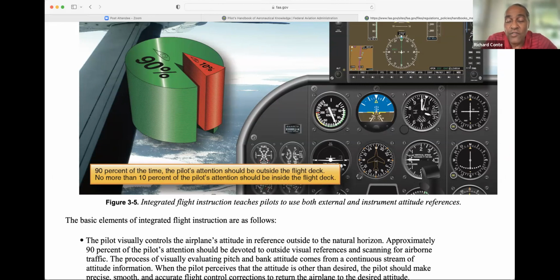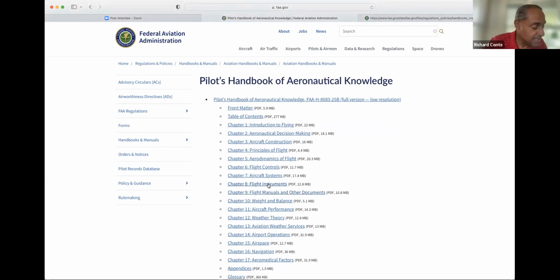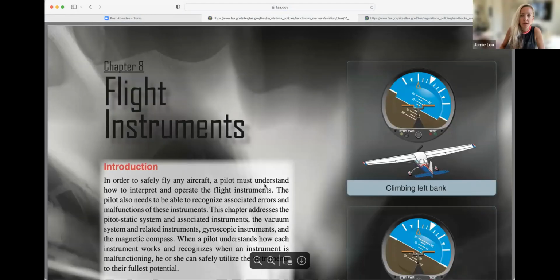So what are the 4 systems that compose an instrument panel, okay? Now, the very first one we all know is called the pitot-static system. And Jamie, if you can go to the Pilot's Handbook of Aeronautical Knowledge, chapter 8, figure 8-17.